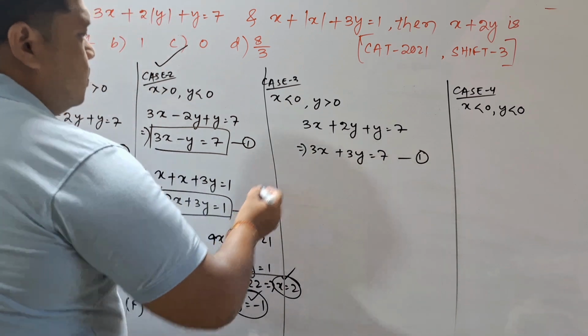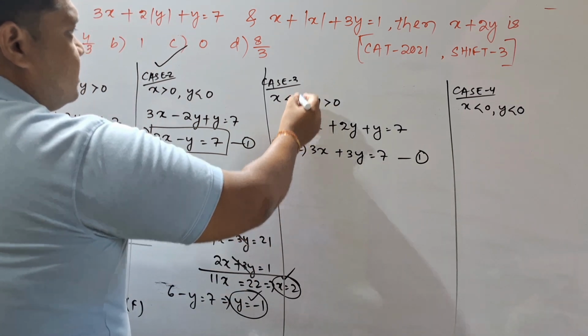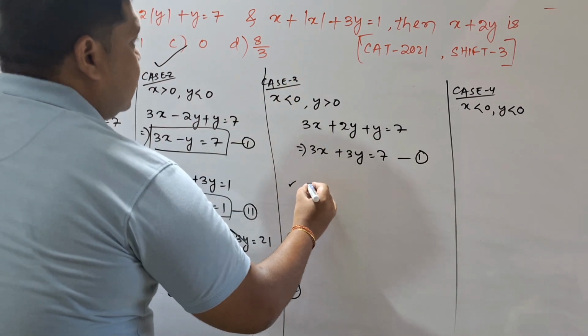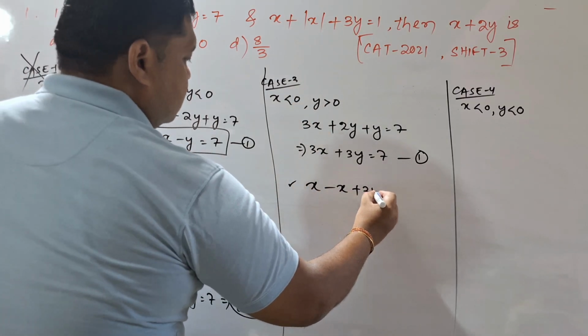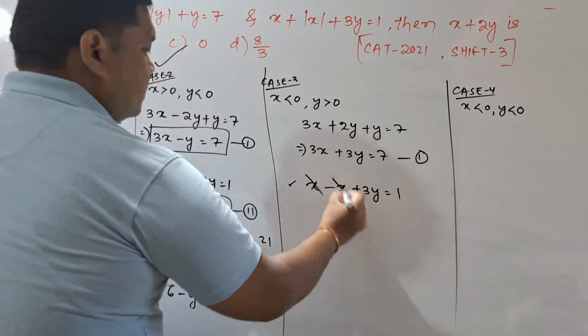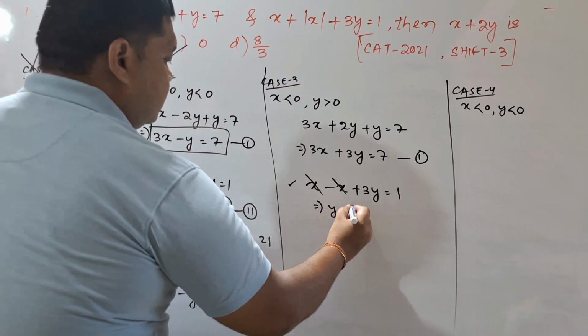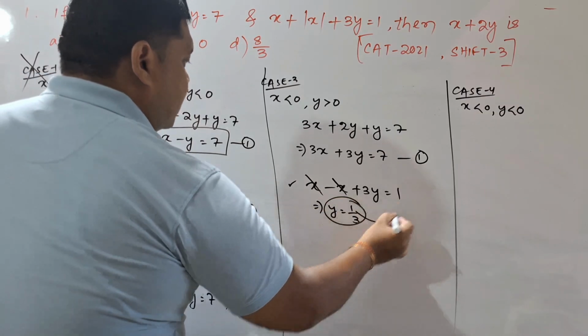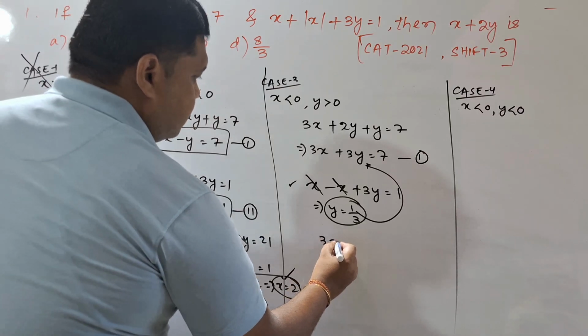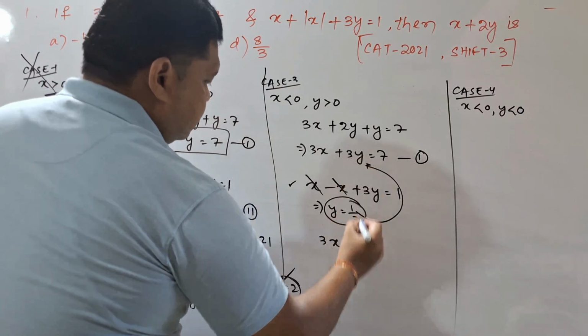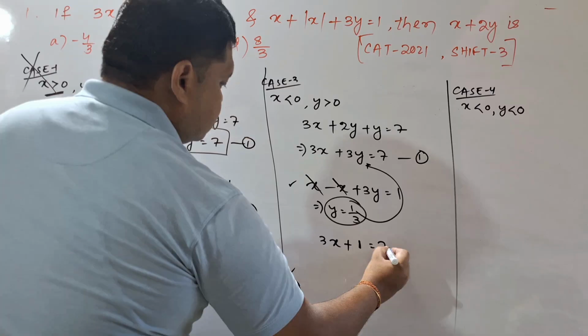And equation 2, here x is less than 0. So when I write this equation, this is x minus x plus 3y is equal to 1. These two get cancelled, so y is equal to 1 by 3. If I put the y value here, how much will I get? Now 3x plus 3 into 1 by 3, that becomes 1, is equal to 7.